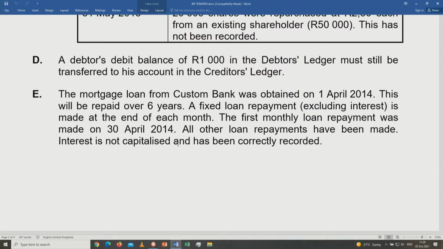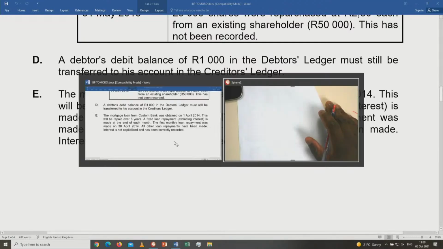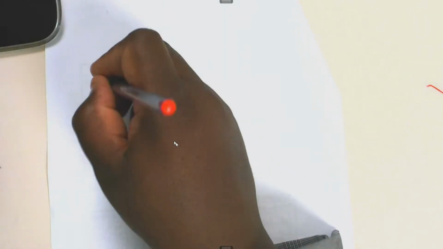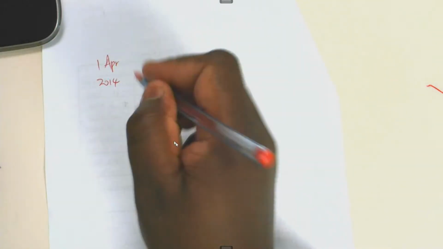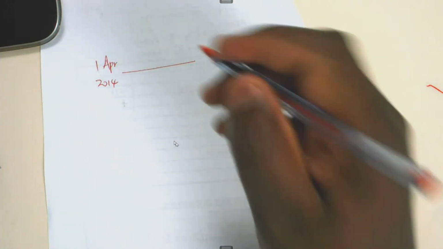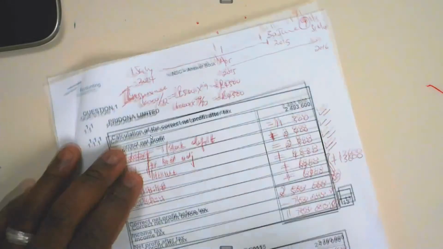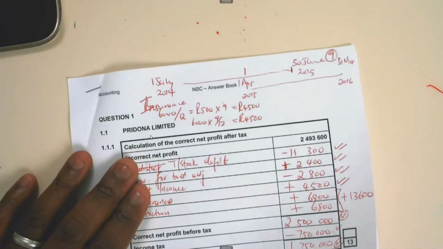This is our loan. It was first obtained on 1 April 2014, right? To our financial year end, which is 30 June 2015.